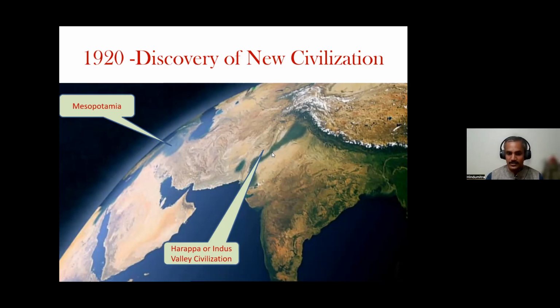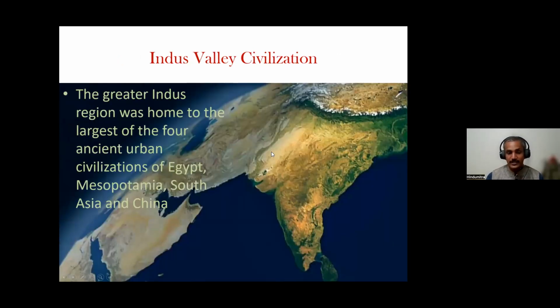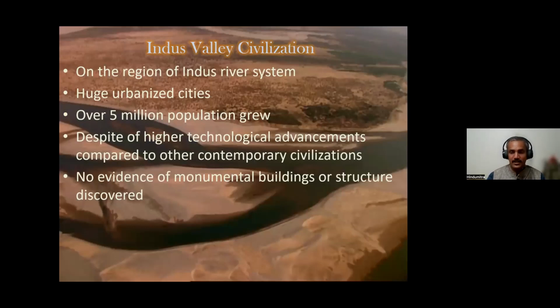When the studies came up, it was found that this is the largest of the four earlier known civilizations, for example, the Egyptian, Mesopotamian, and Chinese. At the peak of its civilization, it is estimated that the Sindhu River system had huge urbanized cities, with a population of more than 5 million.